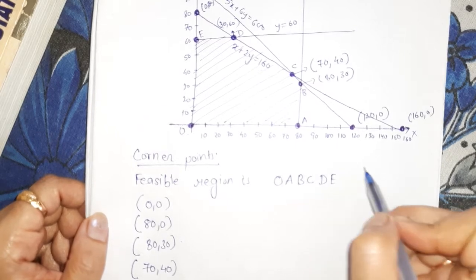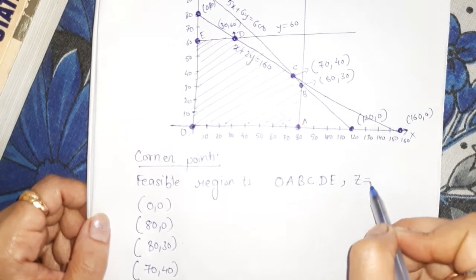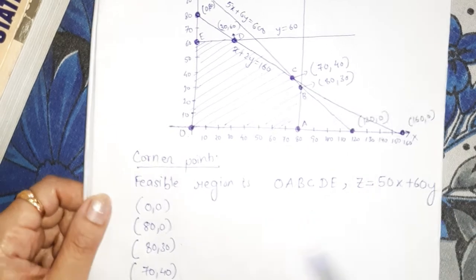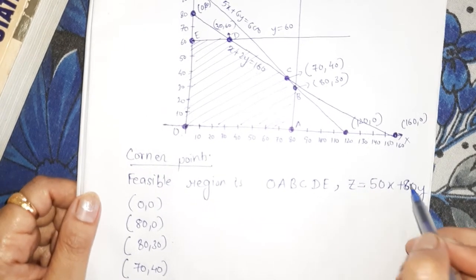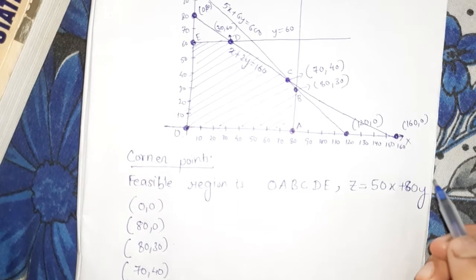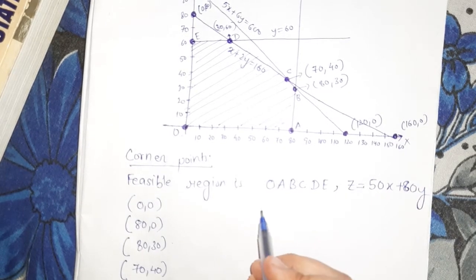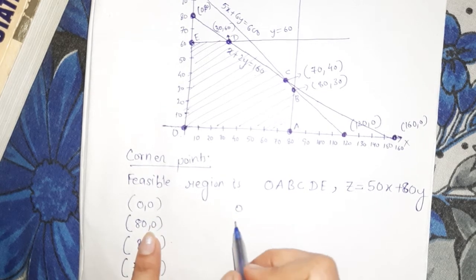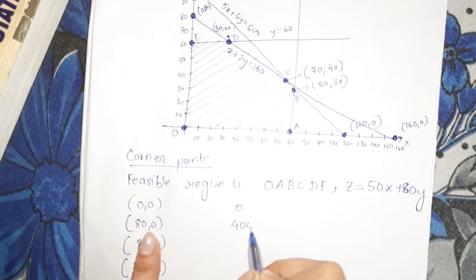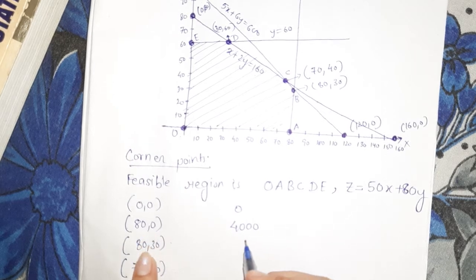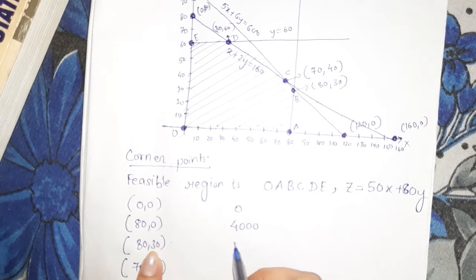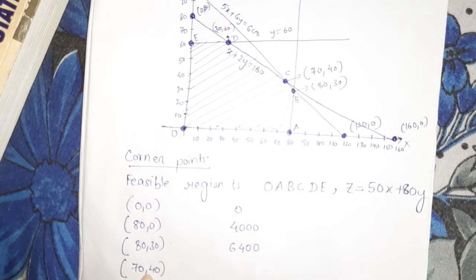Now our Z is 50x plus 80y. Now we solve. At first point the value of Z is 0. In the second it is 4000. Next it is 4000 plus 2400, 6400.